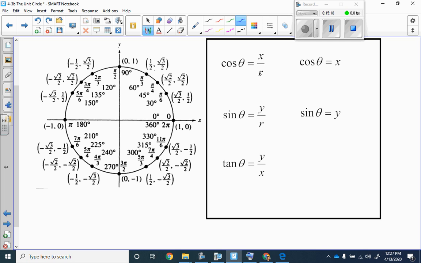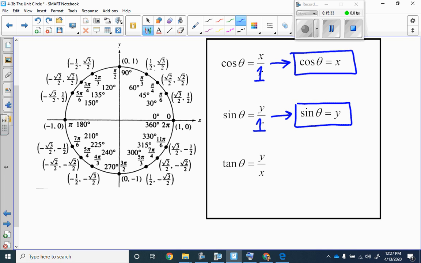Since we're on the unit circle, your radius is now 1. This allows us to say that cosine of theta is equal to x and sine of theta equals y. So when we look at these coordinates, cosine of theta is always the first coordinate, and the sine of theta is always the second.